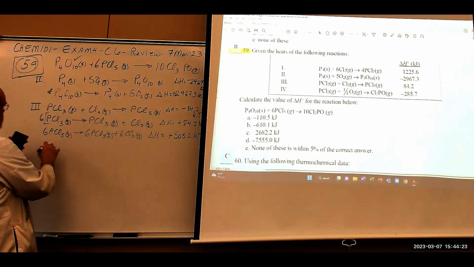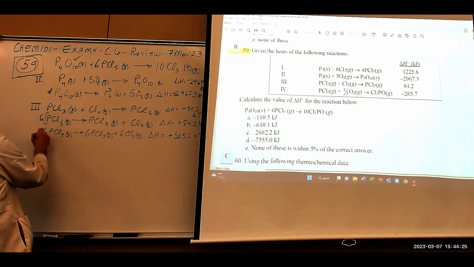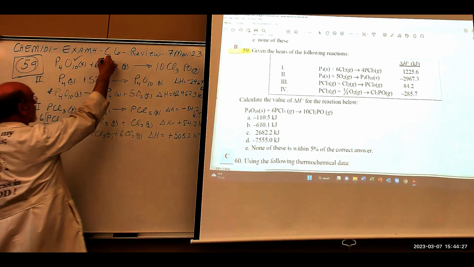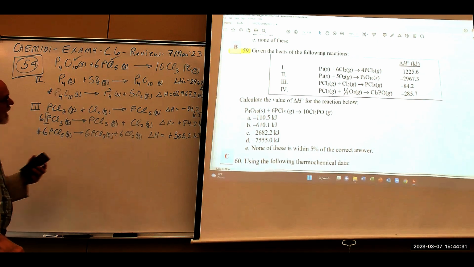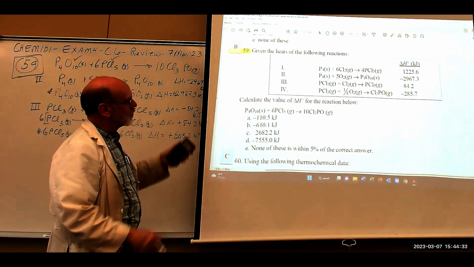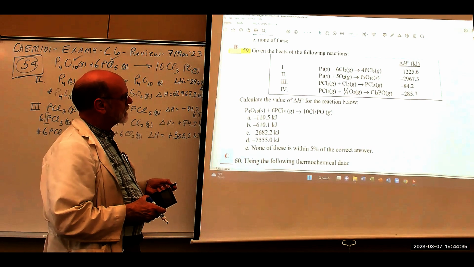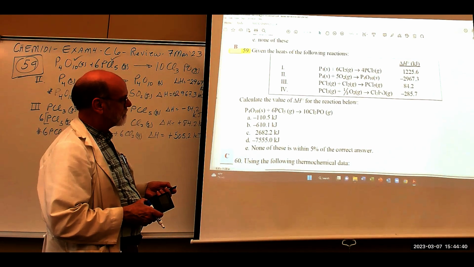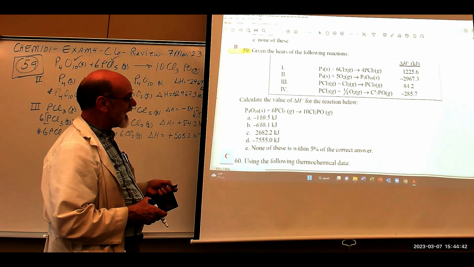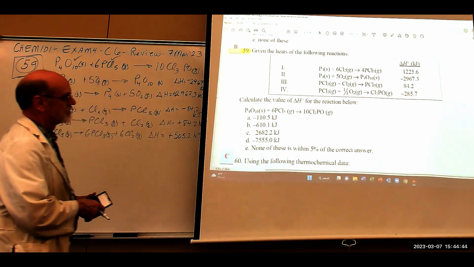Okay, so now this equation takes care of that one. Okay, how about the Cl3PO? Which one has that in it? Cl3PO, here it is, right there. It's on the correct side, but there's not enough of them.